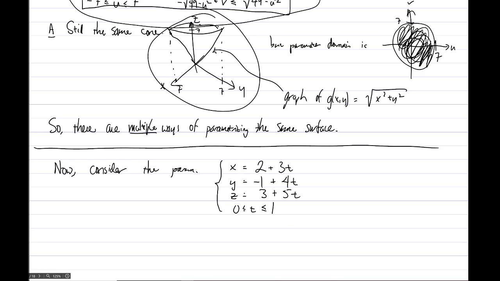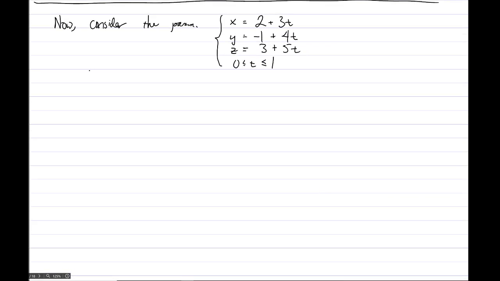Now, what shape is this? This should be very recognizable, just based on how the parametric equations look. So this is, of course, a line segment from the point (2, -1, 3) to the point (5, 3, 8).